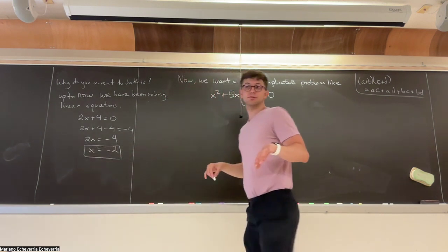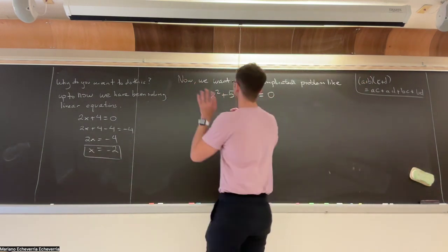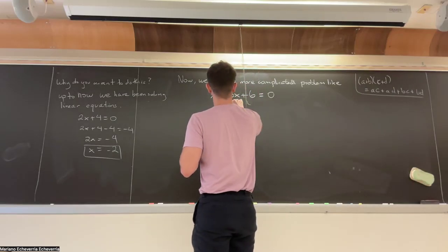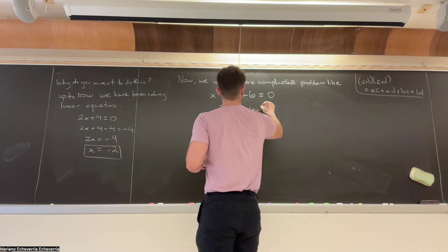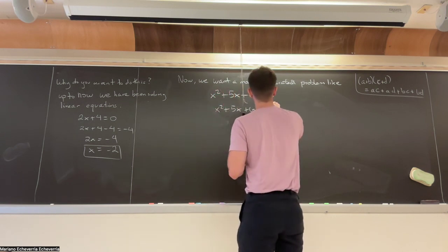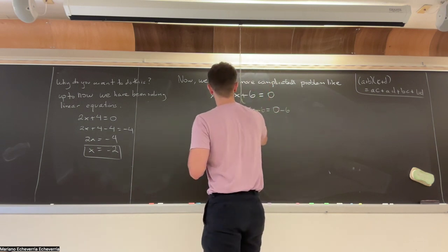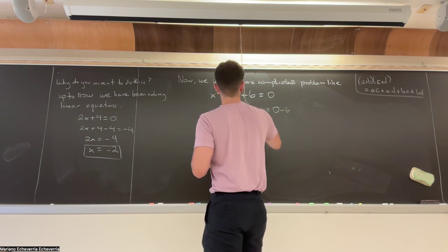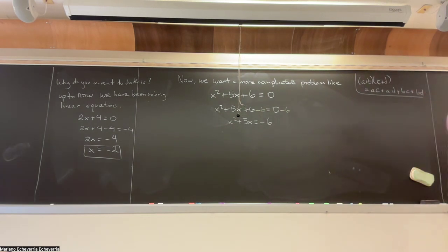So you could try to do the same for this type of problem. So let me do that. I'll subtract a 6 from both sides of the equation, right? So you end up with x squared plus 5x equals -6, right?